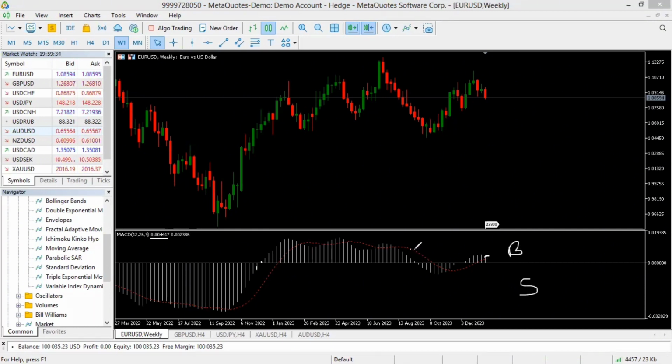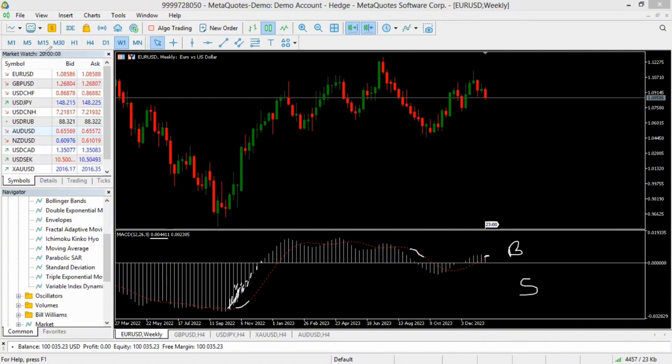This red line is the moving average of the fast. I really don't want to talk about this MACD calculation, but we have two EMAs that are calculated to give us this histogram. The difference between two EMAs gives us this histogram, while the signal line, this red one, is the average of the histogram price.